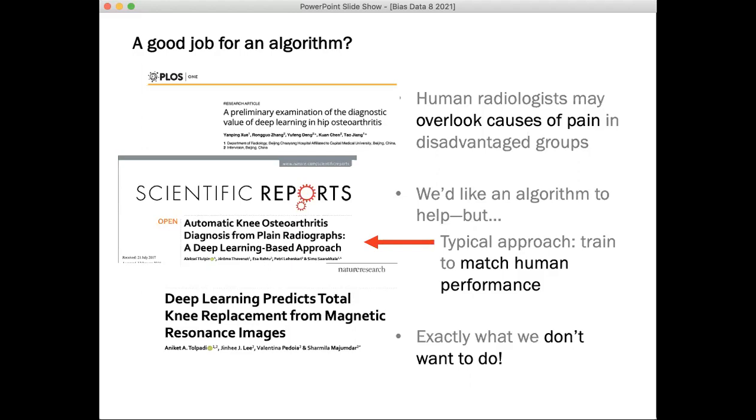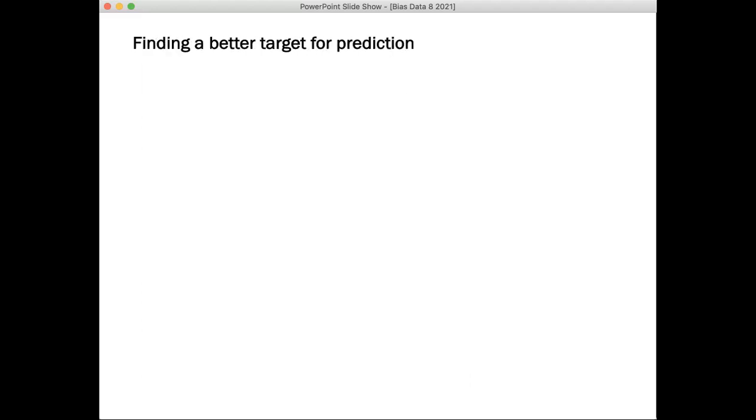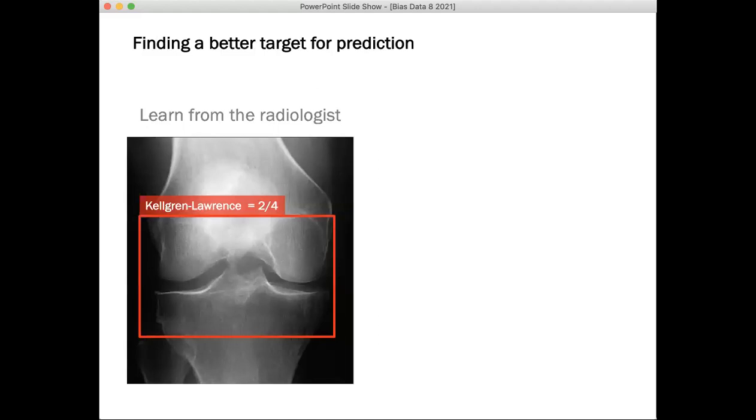But notice that's exactly the wrong thing to do if we're worried about humans missing something on the x-ray. The last thing we want to do is to just train the algorithm to spit back out what the human would say. So what's the solution to this problem? Well, here's the current state of affairs. We input the x-ray, we output the Kellgren-Lawrence grade that a radiologist would assign to that x-ray.